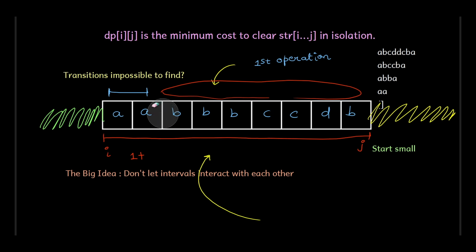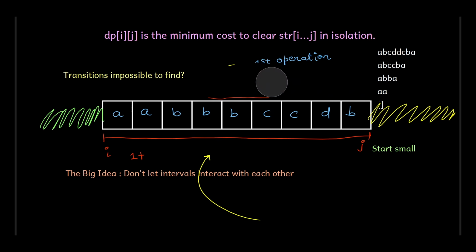But then you might also make another choice, and the second choice is that, what if you decide to delete this? Now the real problem arises. If you want to apply your first operation on this subarray, then your DP becomes almost impossible to solve. Why? Because if you delete this, then this is isolated over here, this is isolated over here.